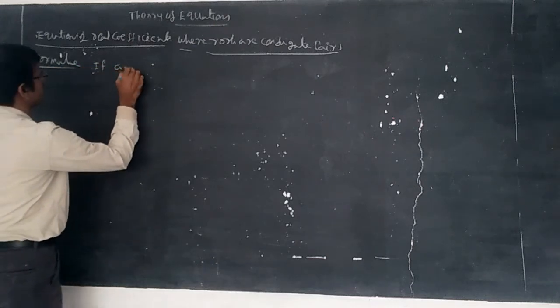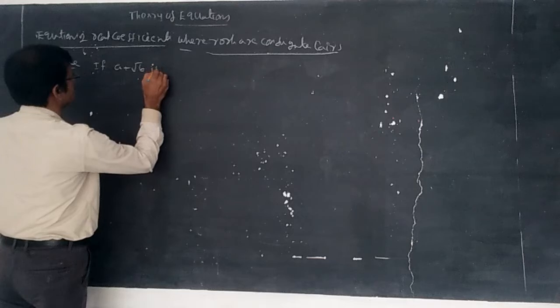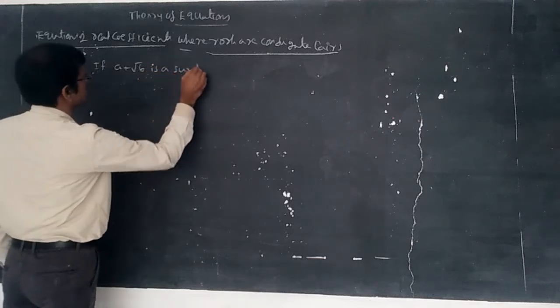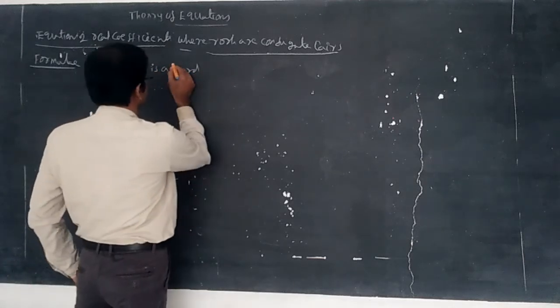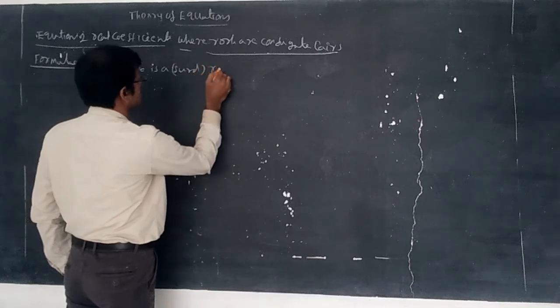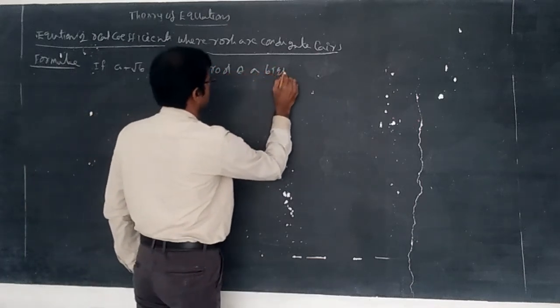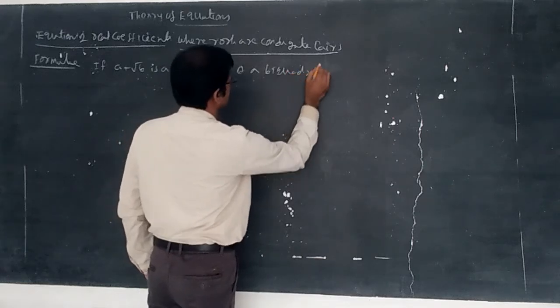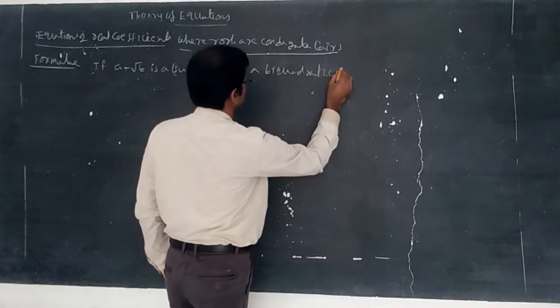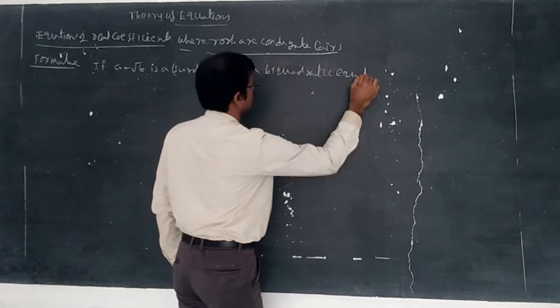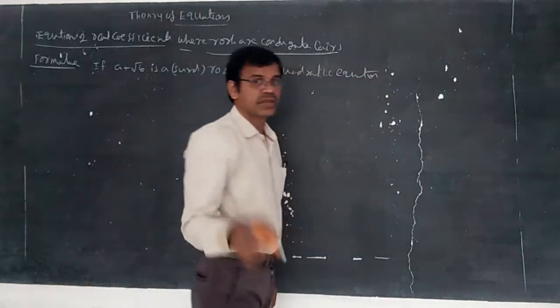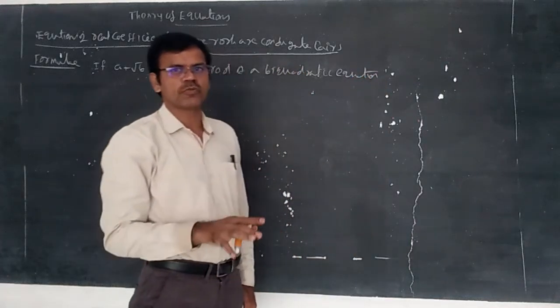If a plus root b is a root of a biquadratic equation, and they have given other roots, there is no problem.